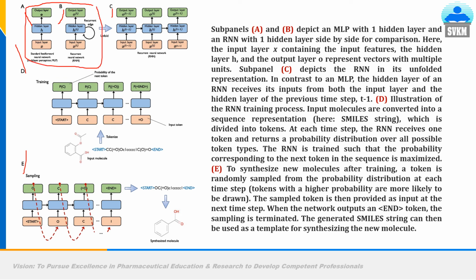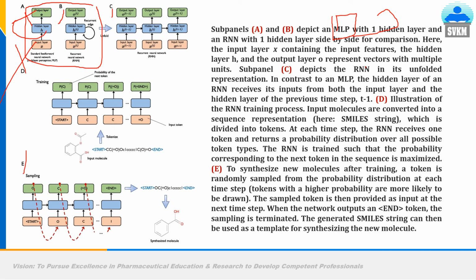A and B depict the multi-layer perceptron, that is simply an artificial neural network with one hidden layer. This is the input layer, output layer, and hidden layer, side by side for comparison. Here the input layer X containing the input features, the hidden layer H, and the output layer O represent vectors with multiple units.